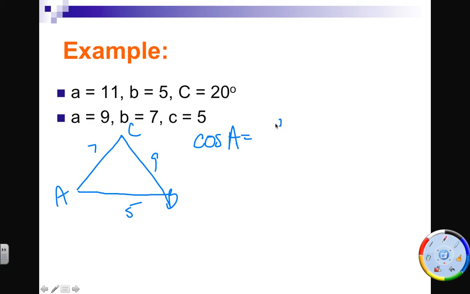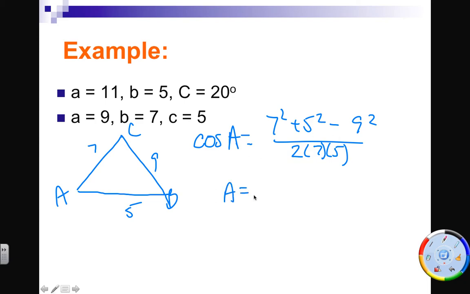It's going to be A squared plus, oh, be a good thing if I just wrote this down, huh? Seven squared plus 5 squared minus 9 squared all over 2 times 7 times 5. There we go. And cosine inverse of this.